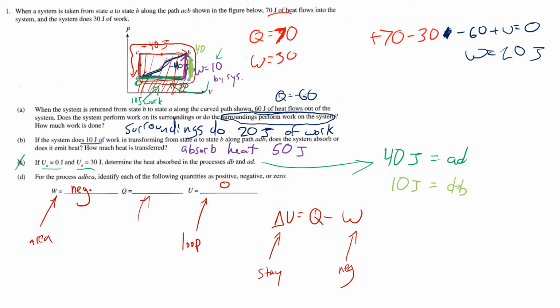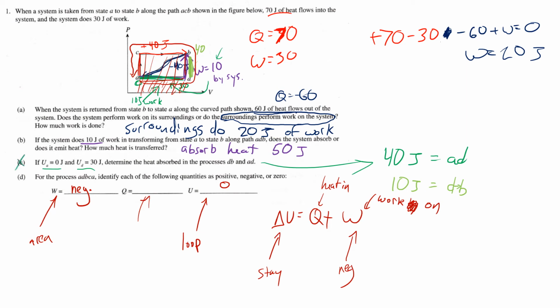There is one hiccup here. This is heat in, and this is work by. Now, in reality, they want you to work on instead, which is annoying. But it's okay.